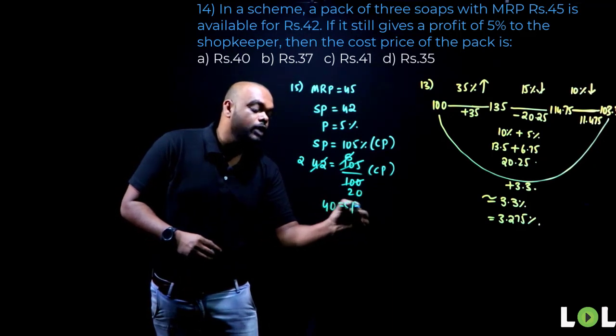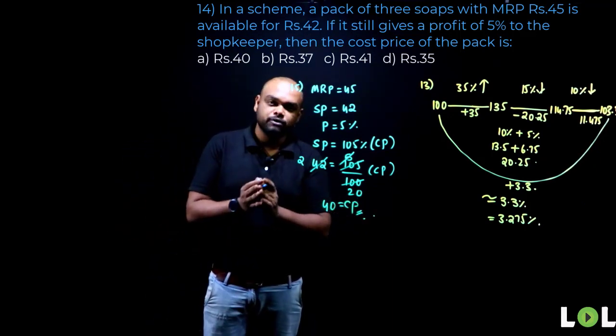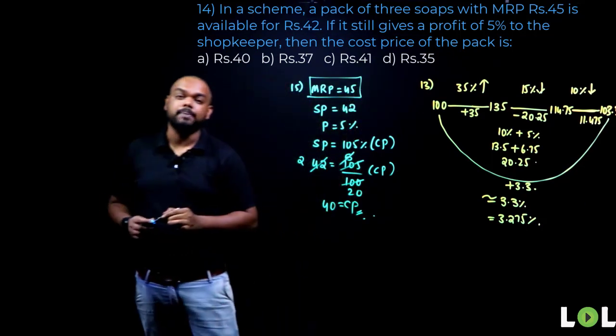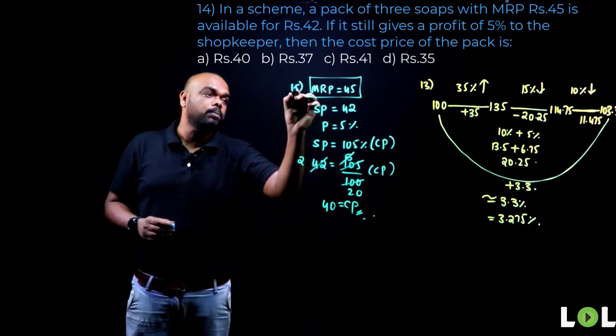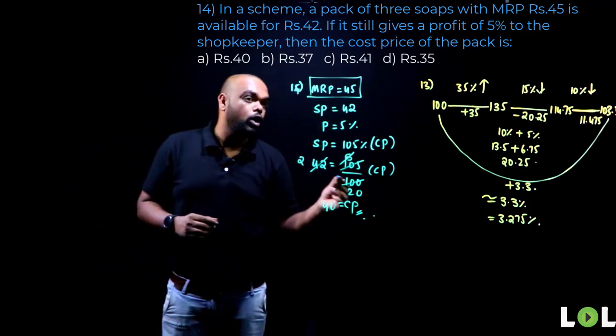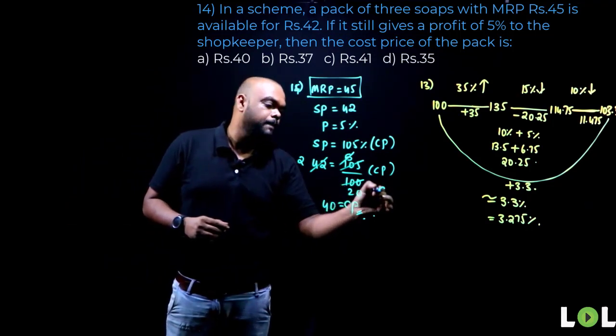That is the cost price of the pack of 3 soaps. Very simple question. Here we have nothing to do with the MRP, people. That is just a decoration to the problem. Do we have the option for this? Yes, option number A.